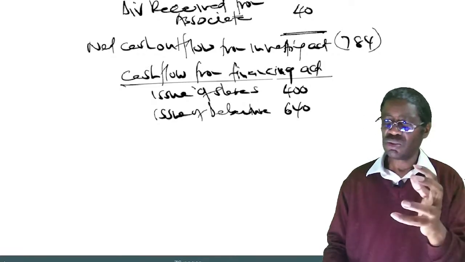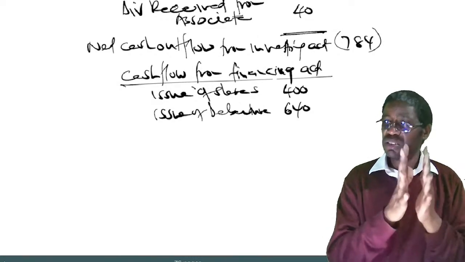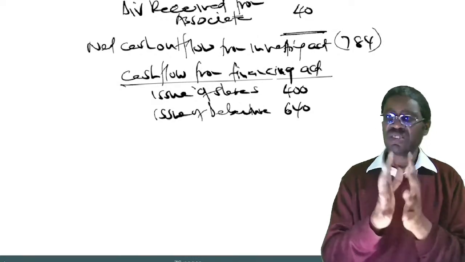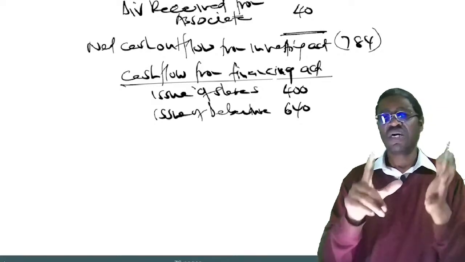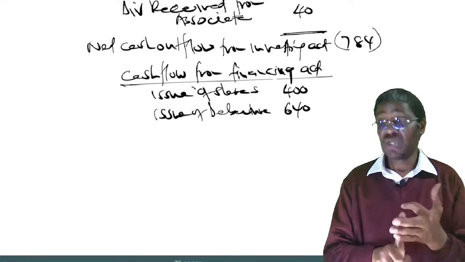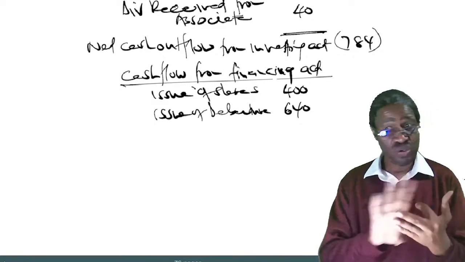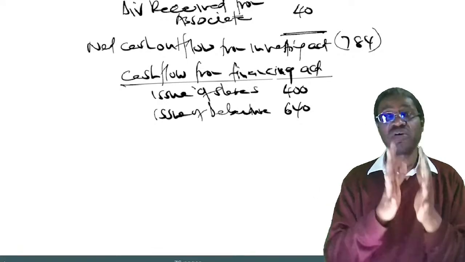I told you, normally, the major finances are shares, debentures, and maybe loans. From this question, in our balance sheet, we did not have a loan. Those were the major finances.